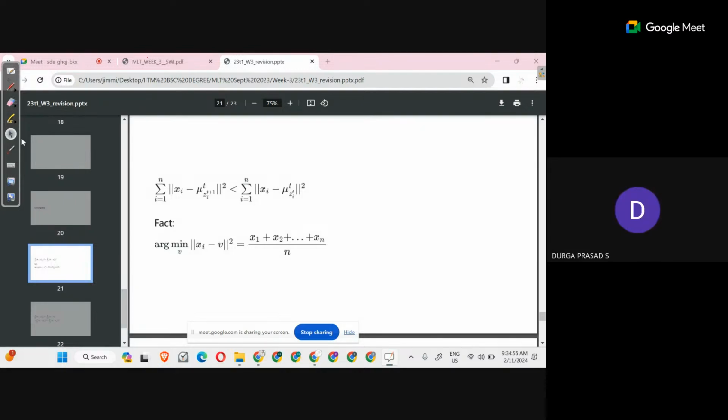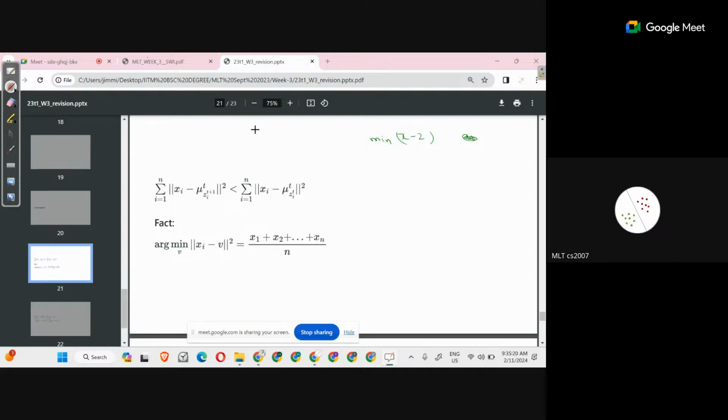So can you say the difference between argmin and min? Let's say I'm writing x minus 2. The min of x minus 2 will give you the minimum value of this x minus 2 function.